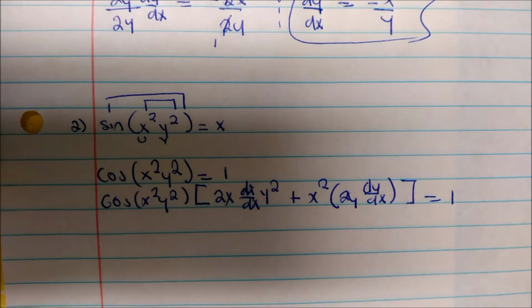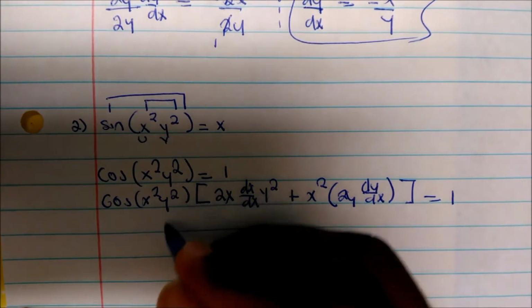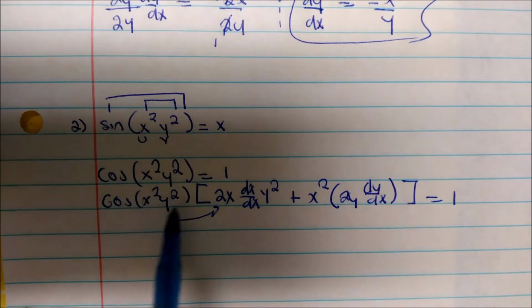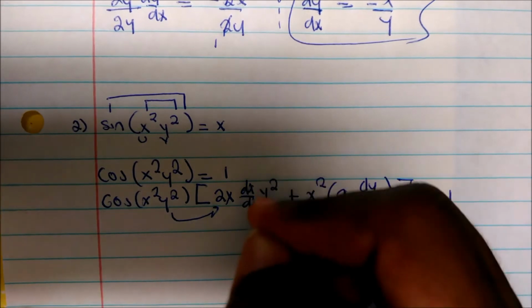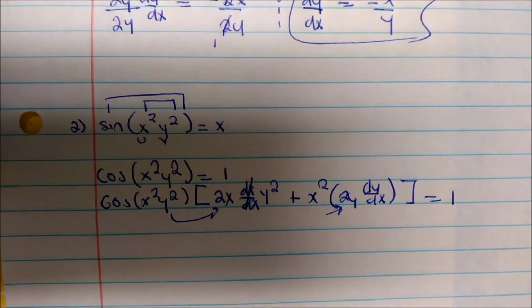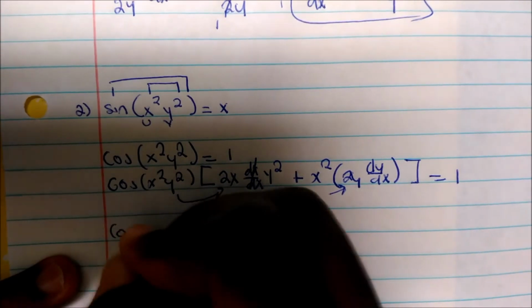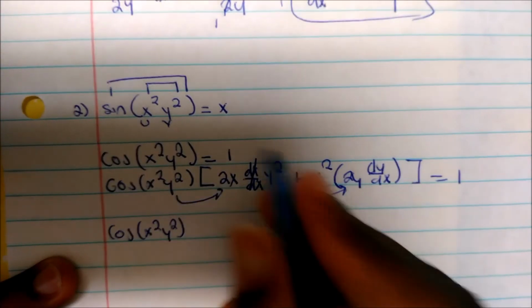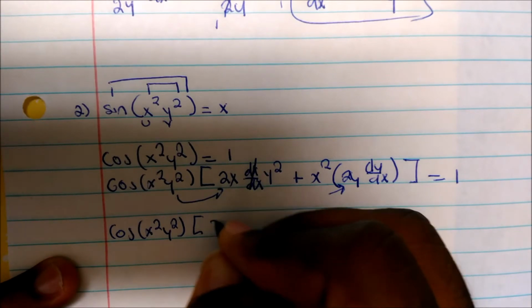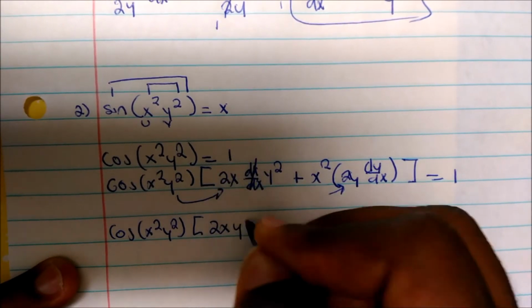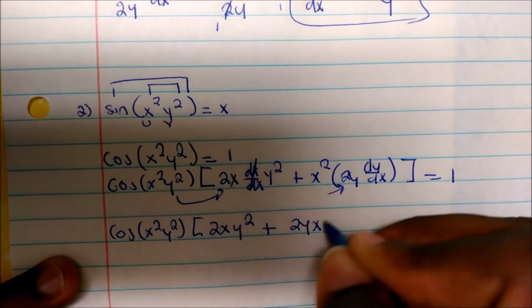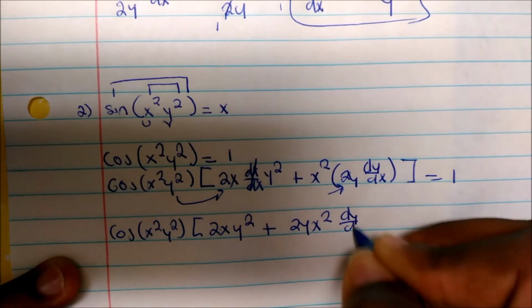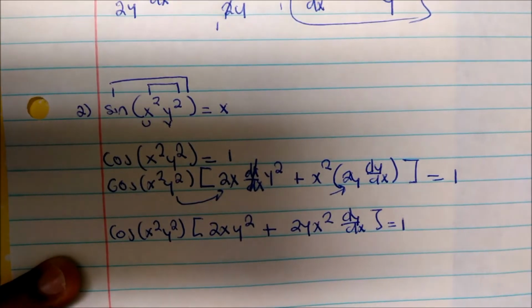Now, I cannot isolate my dy/dx, as you could see, because I have a product here. So what I'll have to do is distribute the cosine of x squared y squared to both of these products. But first, I'll clean up the inside first. So dx is just 1, right? So those could cancel. This leaves me with cosine of x squared y squared multiplied by 2x y squared, plus 2y x squared dy/dx, and that is going to equal 1.